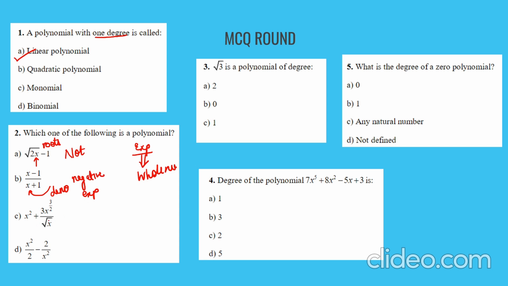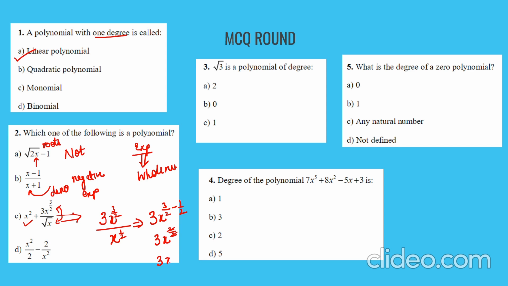If you check this, there is a possibility to solve further. This is absolutely correct, as 2 is a whole number. If you further solve this using laws of exponent, the denominator will become 1 by 2 as there is a root. When the bases are the same, we will subtract the exponents. So let's subtract the exponents: 3 by 2 minus 1 by 2, which will give you 2 by 2, and this can be cancelled out.